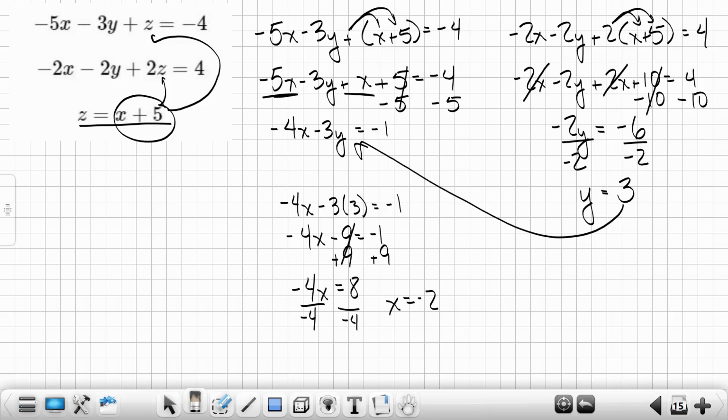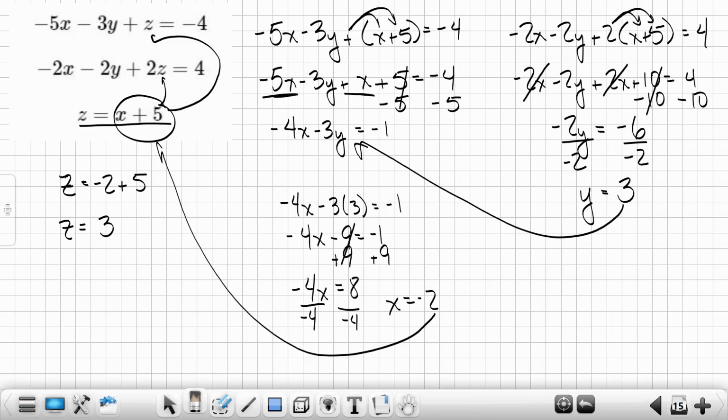So now I've got three variables to solve for, but I've only gotten two so far. I've got x and y. So I need to find z still, so I can take that x value and substitute back in. I call this daisy chaining because they just kind of daisy chain back into the previous problem. So now I have z is equal to negative 2 plus 5, so z is equal to 3.